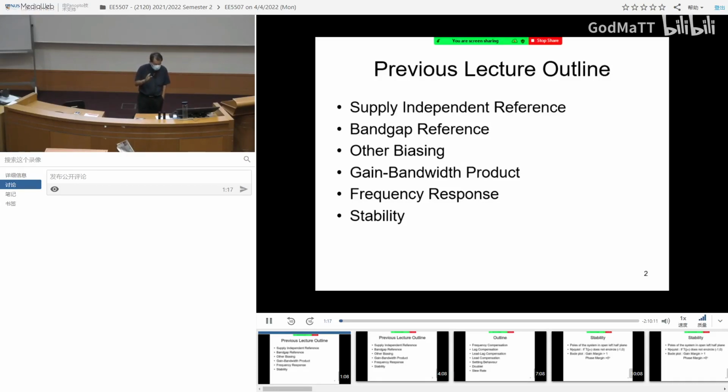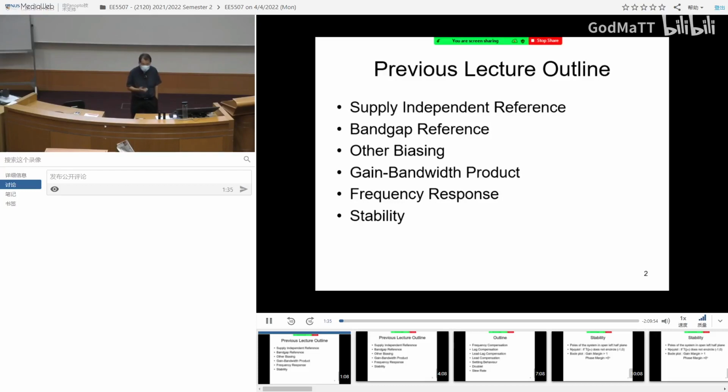One of the key blocks is this band gap reference. Because it's totally independent of the temperature and the supply, it will always provide you a fixed reference. So that is one of the very key building blocks.